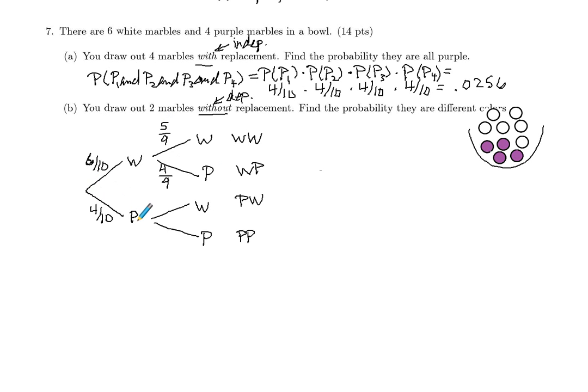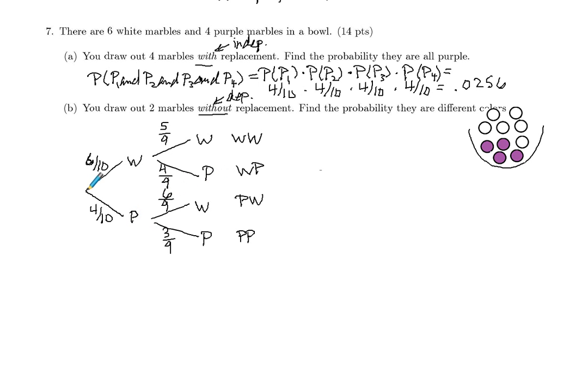And then if we drew a purple one first, then one of these guys would be gone. We'd have 3 purple ones left and 6 white ones. So these denominators are still going to be 9 because if we take one marble out, 9 are left. And if we go this way, we took one of the purple ones out, so 3 purple ones are left, but still all 6 of the white.